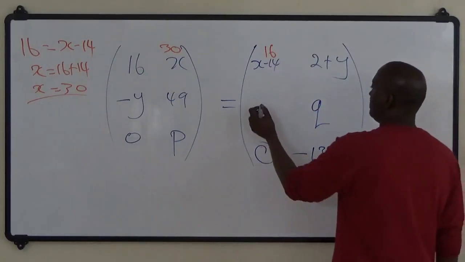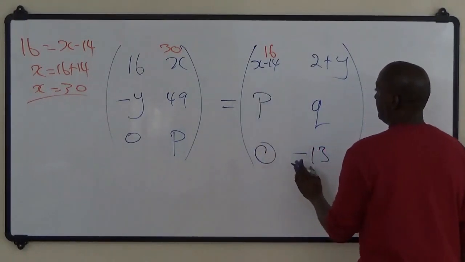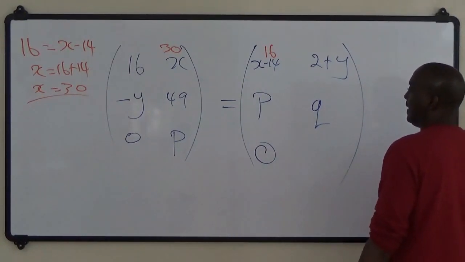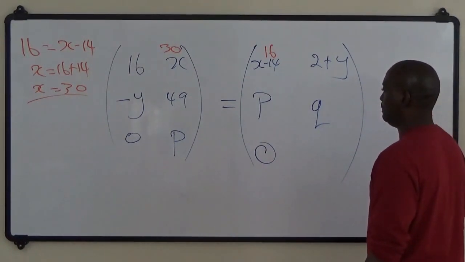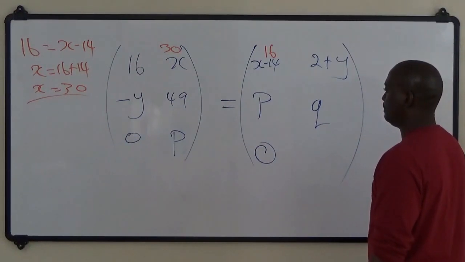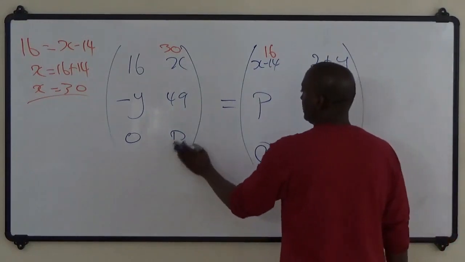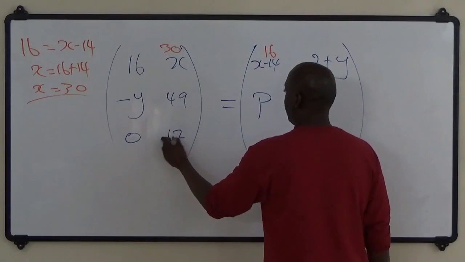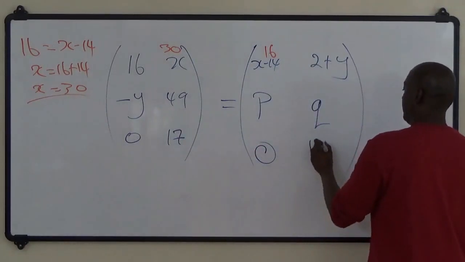No, we can say p is equal to minus y. And if p is equal to minus y, then we could just put some values on this in the bottom here. 17 and 17.